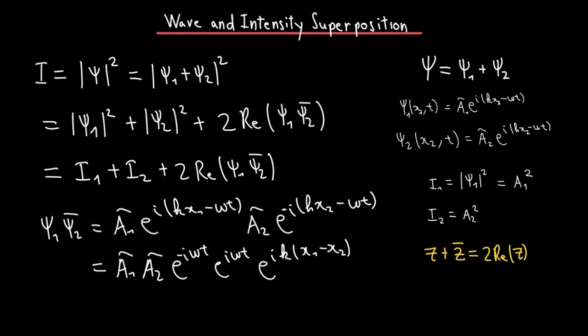We can simplify this expression by noting that we have e to the i times minus omega t times e to the minus i of minus omega t. So these cancel out, so it equals 1.